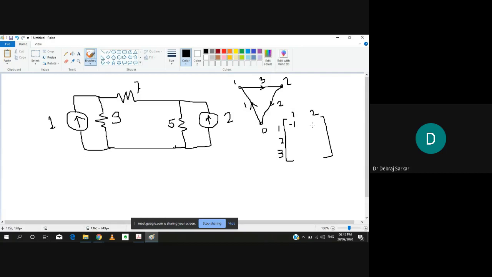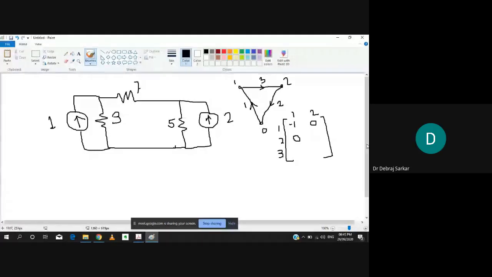What is this element? 0. Very good, because there is no connection between the first element and the second node. For the second element and the first node, it is 0, because the second element is not connected to the first node.